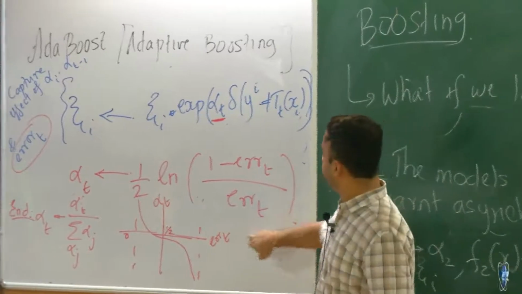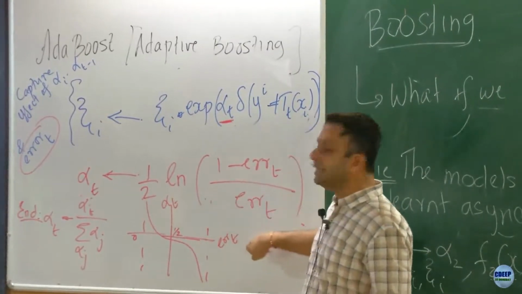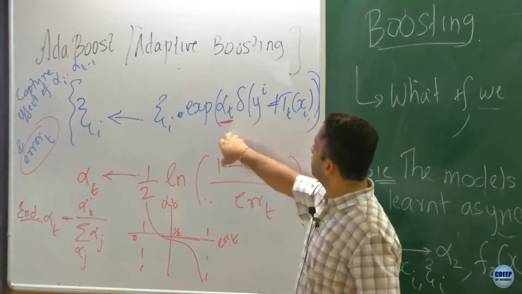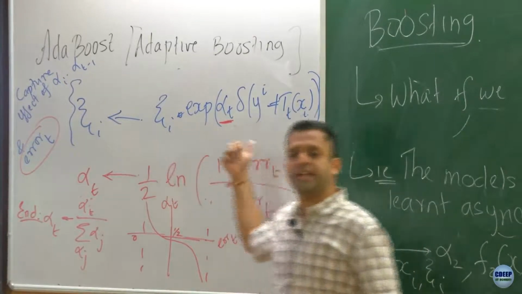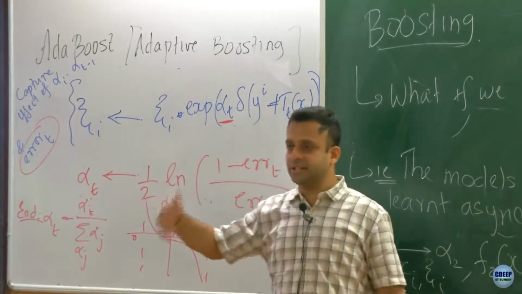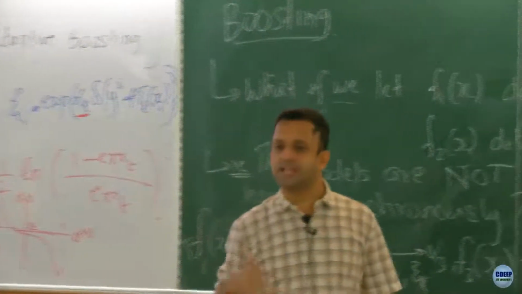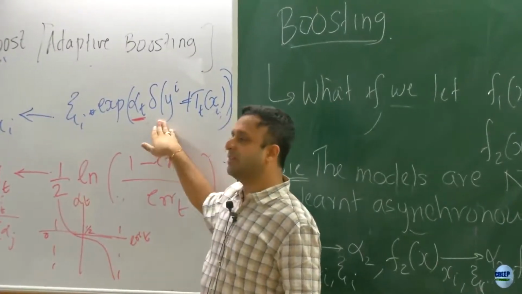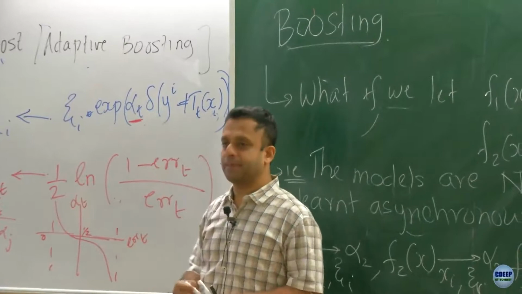So alpha t is going to be large when the error is small, and therefore for small error you are saying that I will take the xi i very seriously, resulting from the model's input into xi i. That is already taken care of here. Higher weightage model will contribute more to xi i.